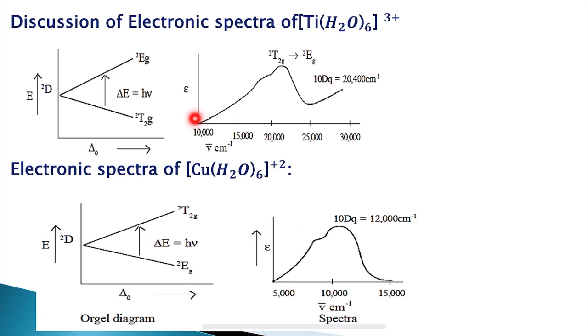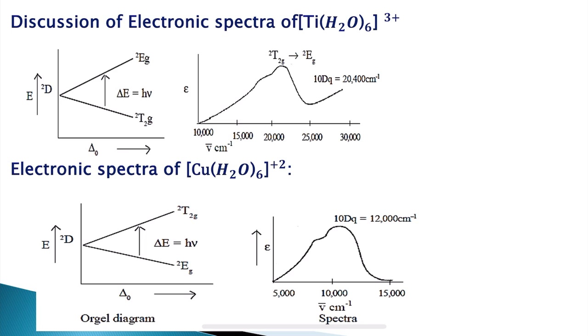Titanium is the central metal atom. Since there are 6 water molecules, titanium will be in the center and it will be surrounded by 6 water molecules. In this condition, the one electron present in titanium enters the T2g level. That is why it has been shown in the ground state.